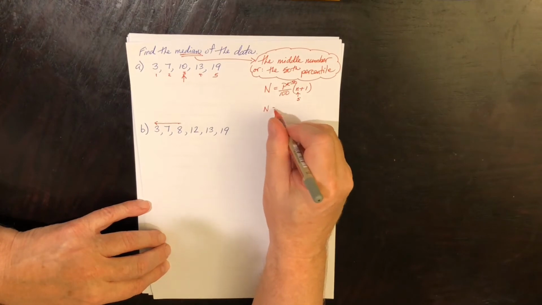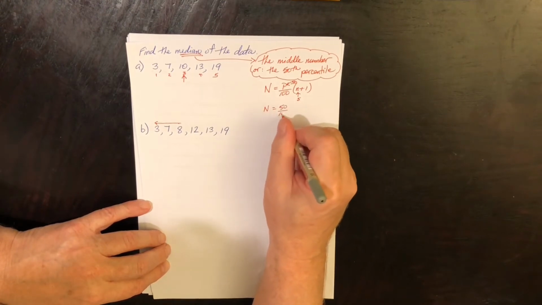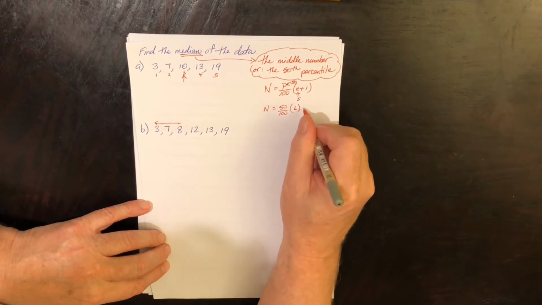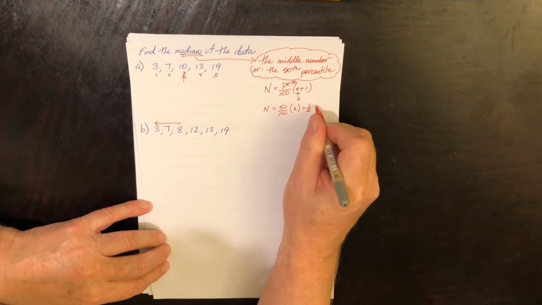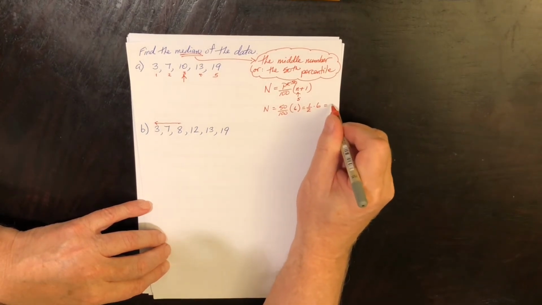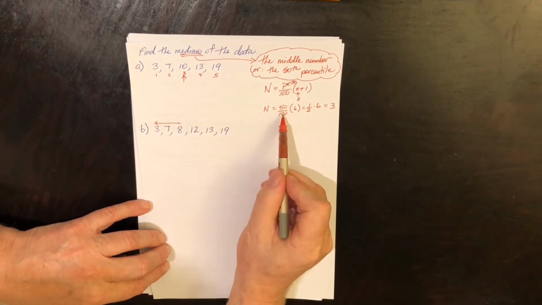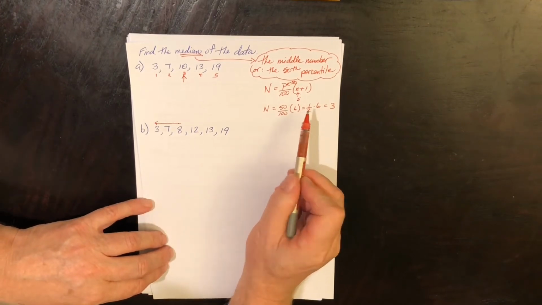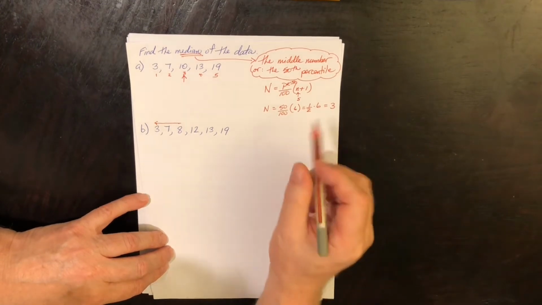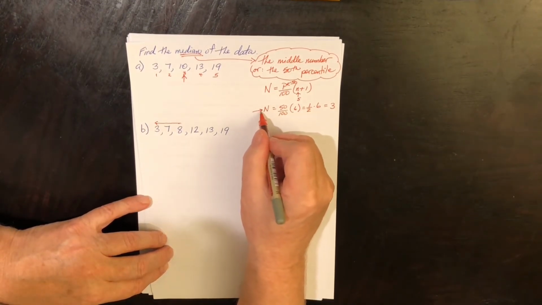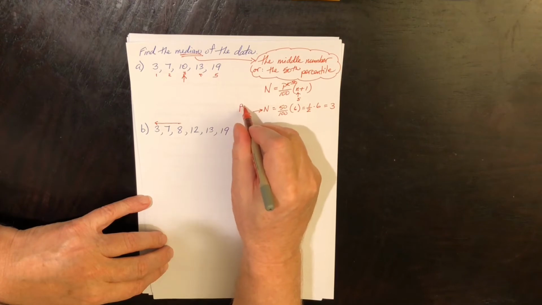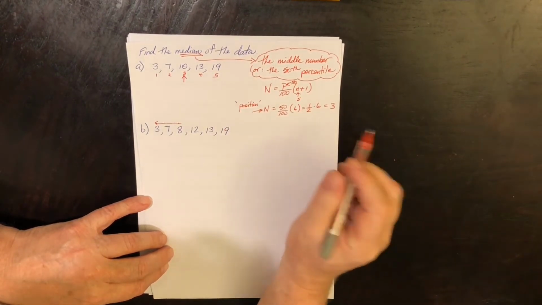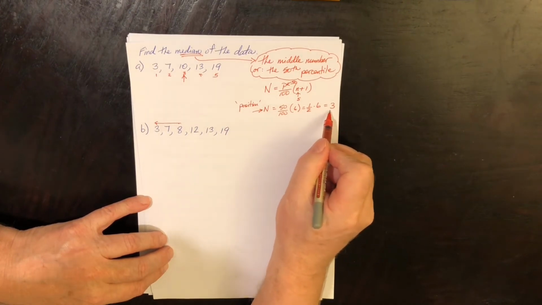And we find n: 50 out of 100, times 5 plus 1, times 6. 1/2 times 6. 1/2 of 6 is 3. 50 out of 100 is the same as the number 1/2. 50%, same as 1/2. What is n? Remember, n is the position. n is the position of the median. The median is in position 3.